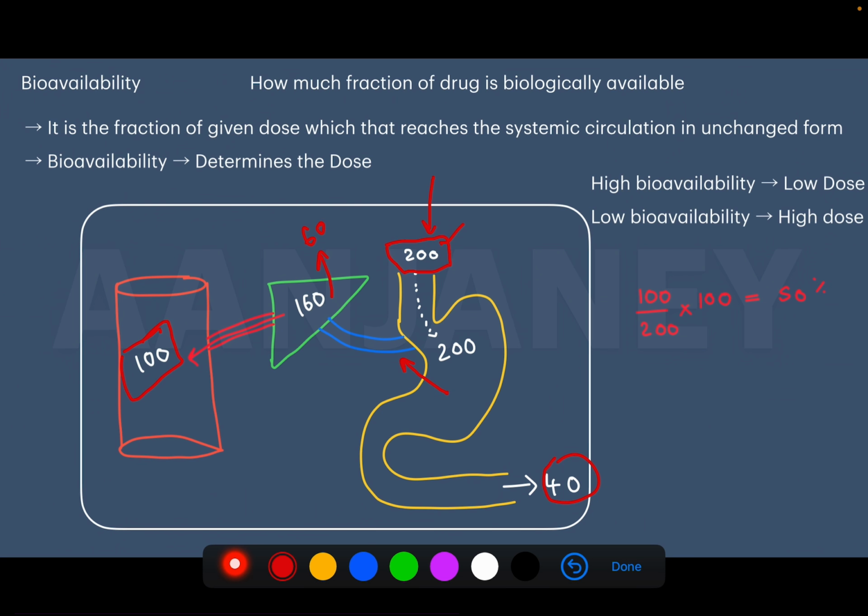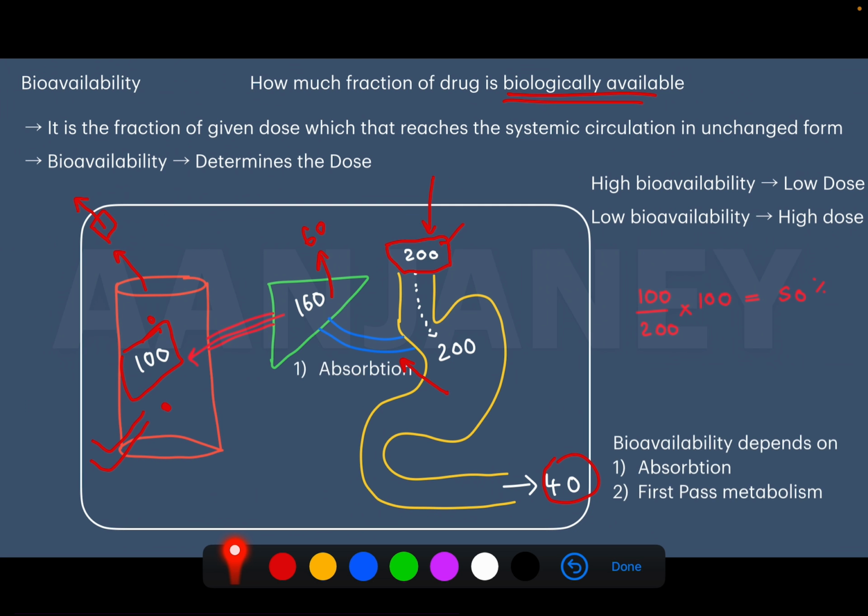So bioavailability is how much drug is biologically available. Biologically available means whatever drug is inside this blood vessel will go to different cells, right, and the function will happen. So the amount of drug which reaches the systemic circulation is called bioavailability, and the ratio is taken from what? The input or ingested drug we are taking.